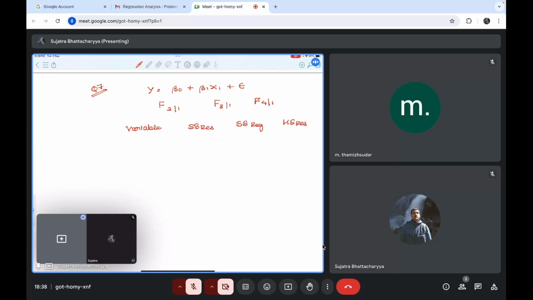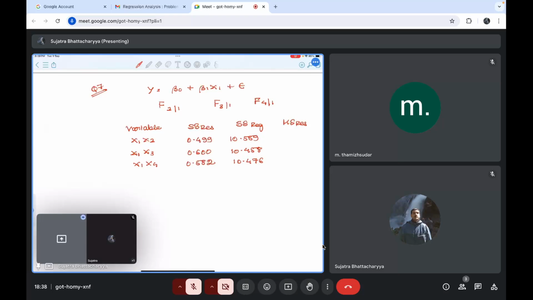So I've computed each and every combination: x1, x2, x1, x3, and x1, x4. These are required, as you can see. SS residual is 0.499 for this from the question itself, 0.600, and this is 0.582. SS regression is SS total, 11.058, minus this, which comes out to be 10.559, 10.458, and this is 10.476.